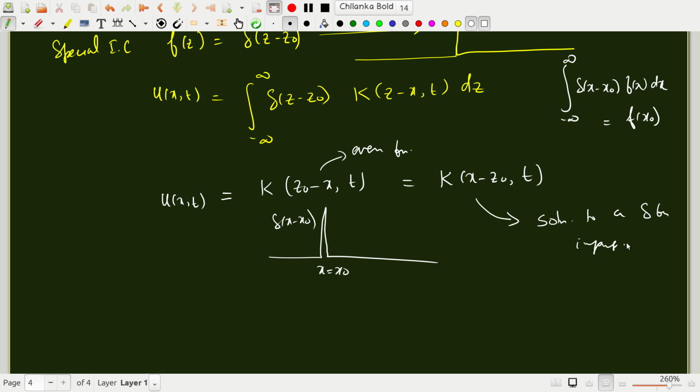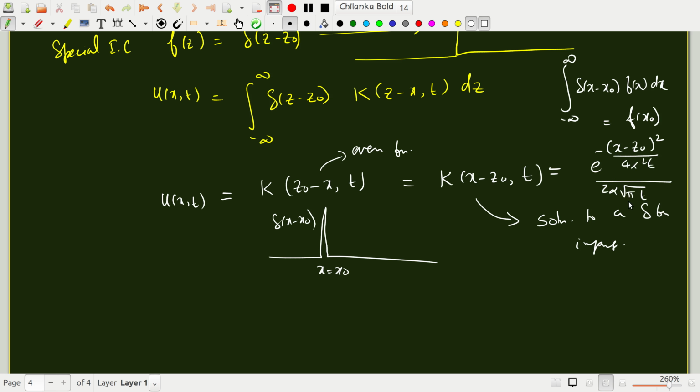So k of x minus z0, t is nothing but e to the minus x minus z0 the whole square by 4 alpha squared t, divided by 2 alpha root pi t.